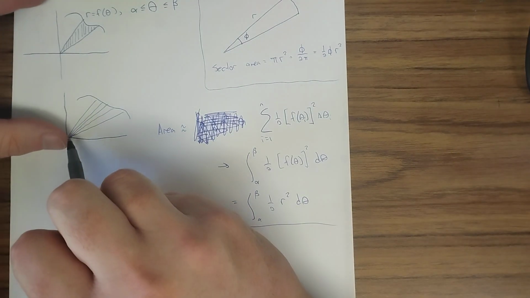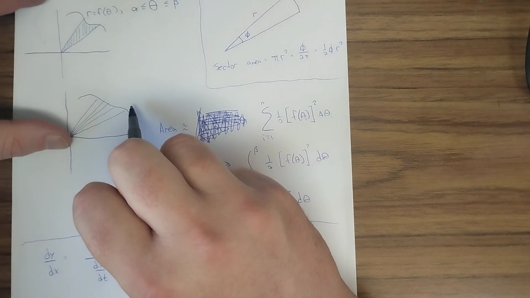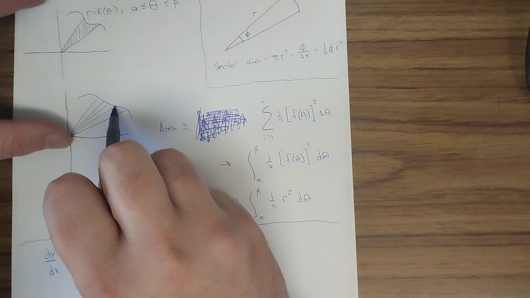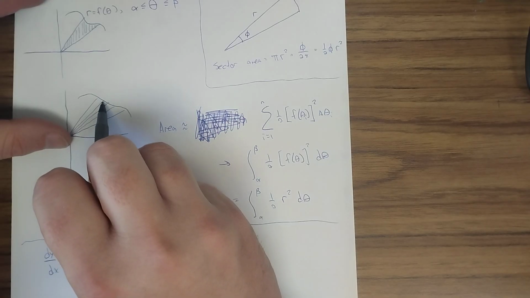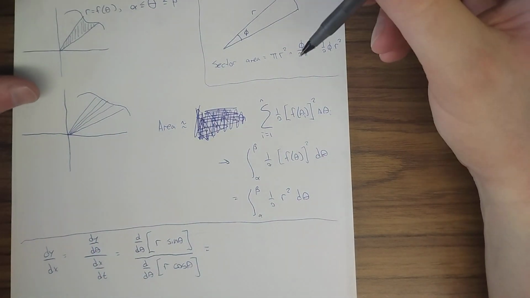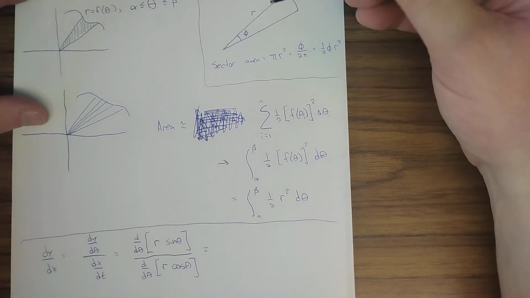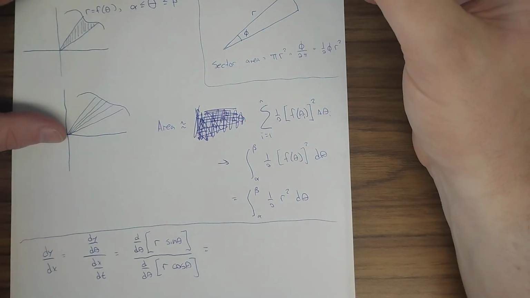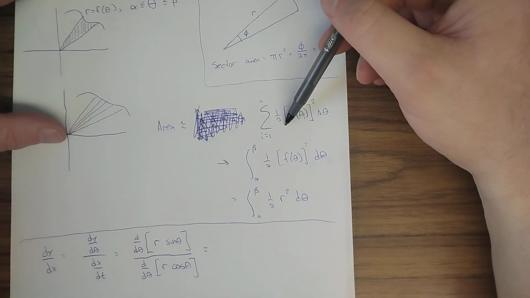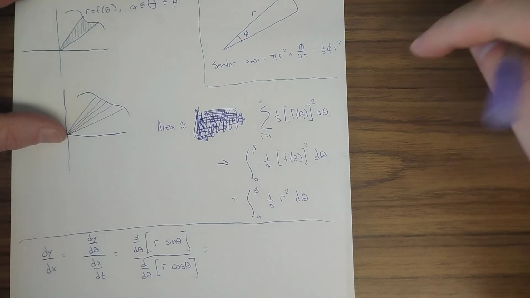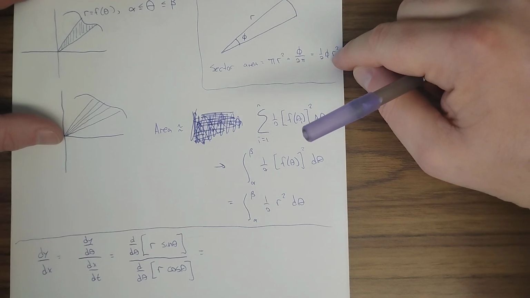So what I have here is a bunch of sectors of circles, and this one has a different r, and this one has a different r, and this one has a different r. So basically what I'm going to do is add up all the areas of these sectors, and here's the area of a sector. I'm using this formula.